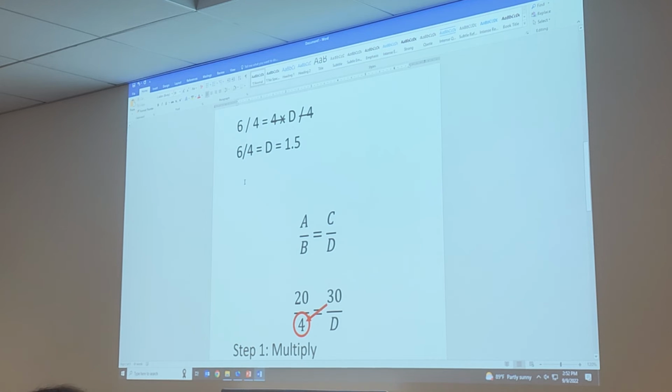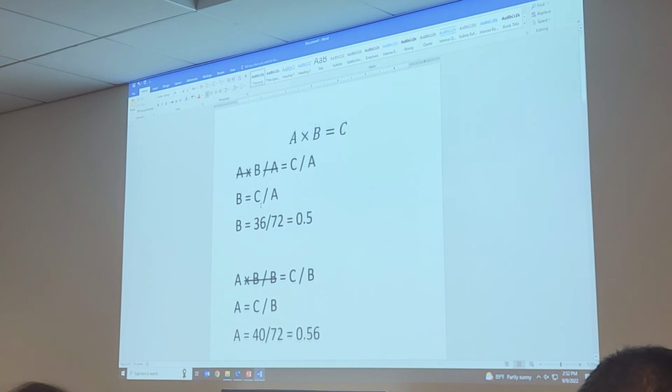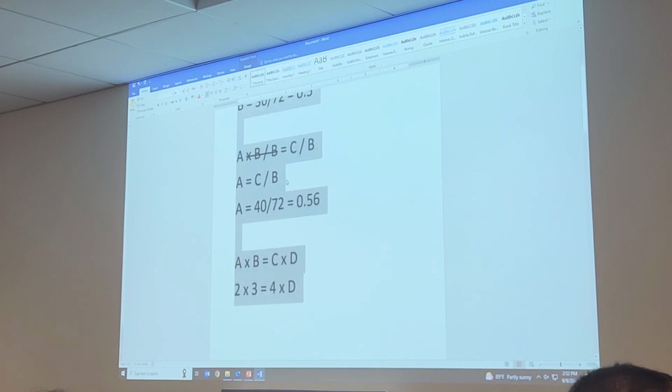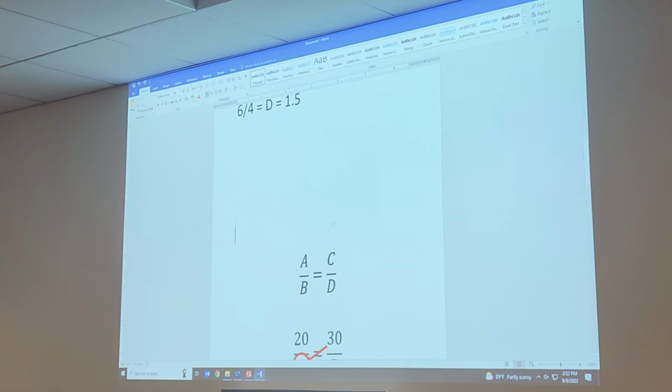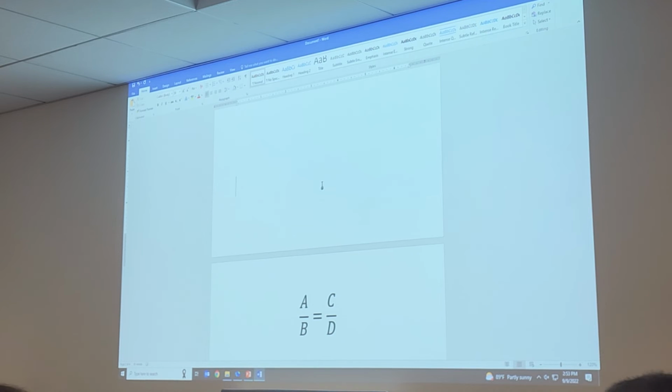So let's talk about section D here. Alright, so section D, we have A over B equals C over D. So how on earth do we solve for an unknown here? Cross multiply. Alright.